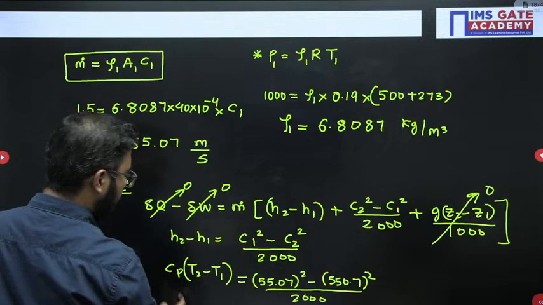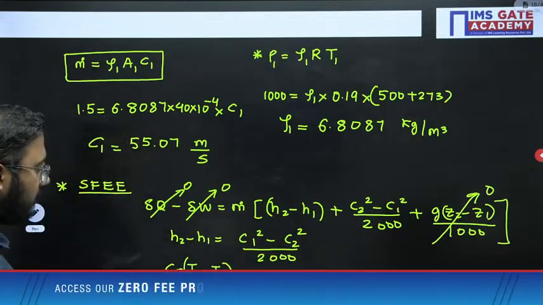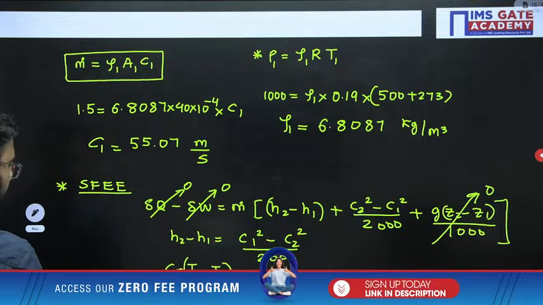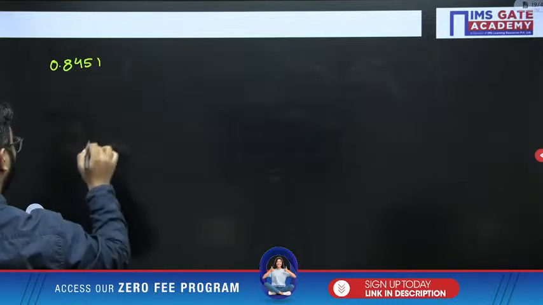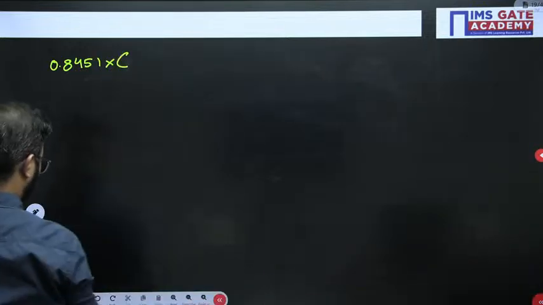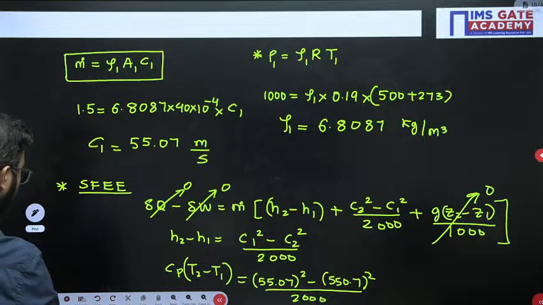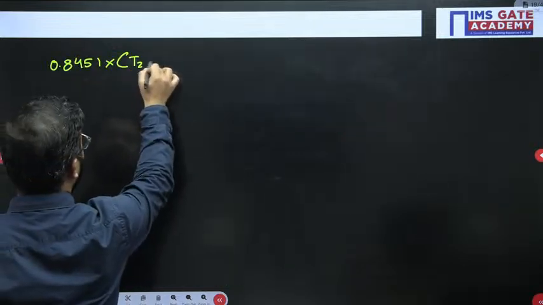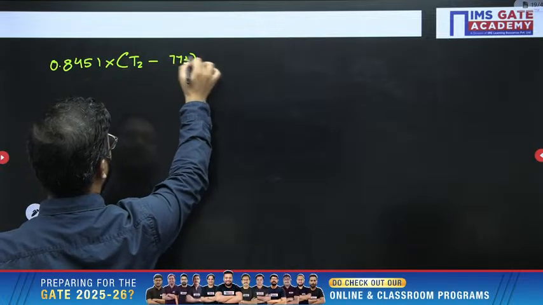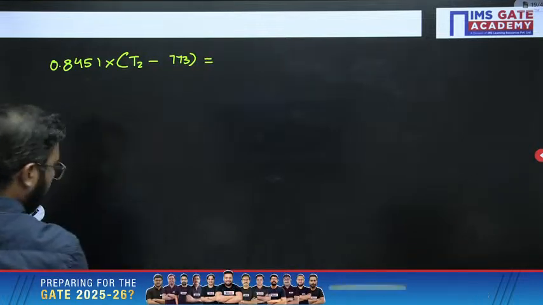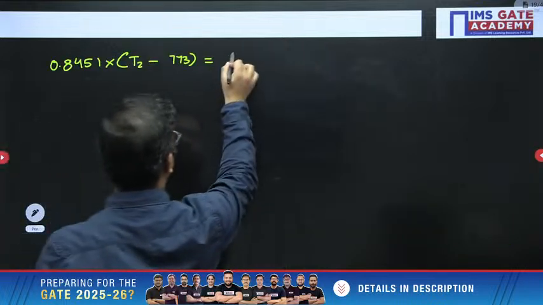So this value we have to put here. Cp value is 0.8451. Let us write it here itself, 0.8451 multiplied by T2 minus 773 Kelvin equals this calculation.